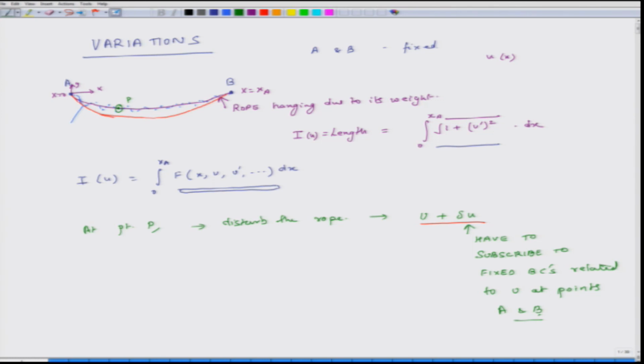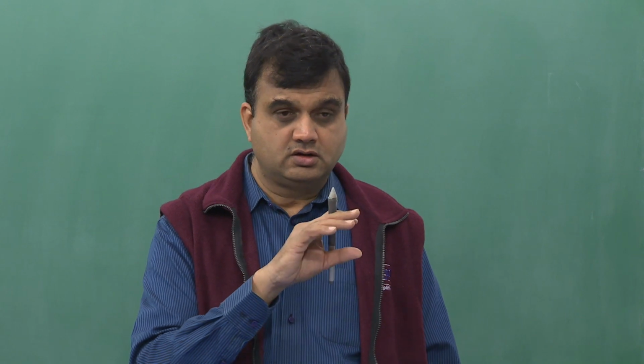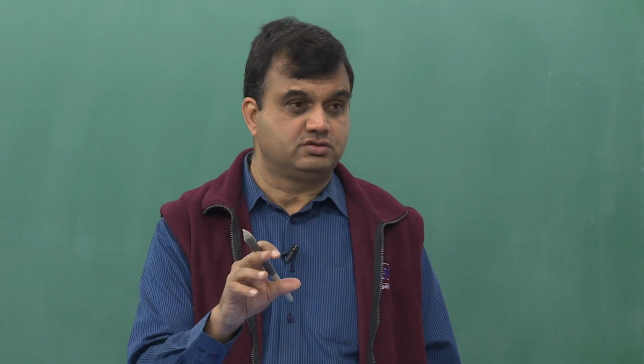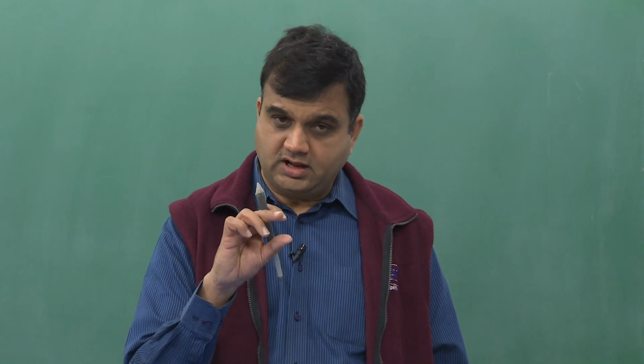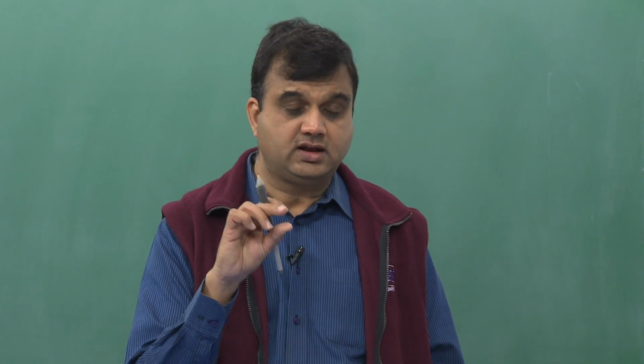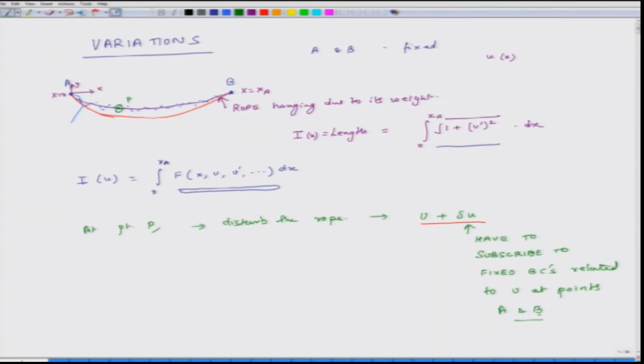So, what will be the variation of u at A? It will be 0, it can never be non-zero. It can be non-zero at all other points, but it cannot be non-zero at A and it cannot be non-zero at B, because my boundary condition is like that the variation cannot violate those boundary conditions. Okay.